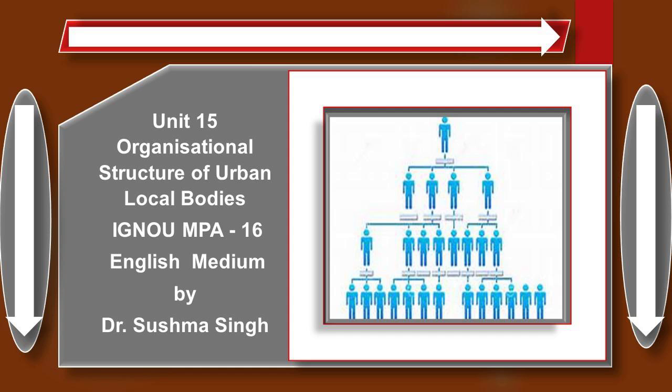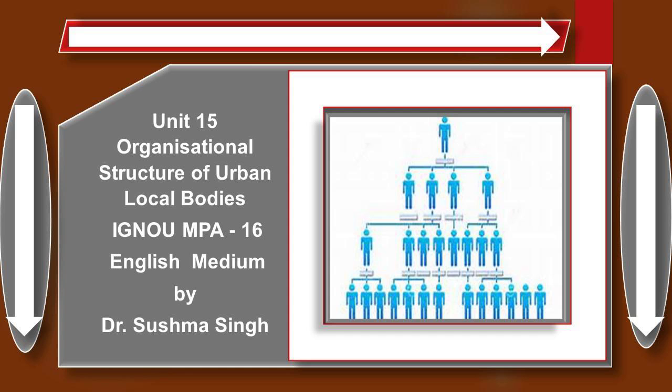Again, another bill, the 73rd, was introduced in 1991 and was passed in 1992. It was ratified by the majority of states and after the presidential assent came into force with effect from April 24, 1993 as the Constitution 74th Amendment Act 1992.